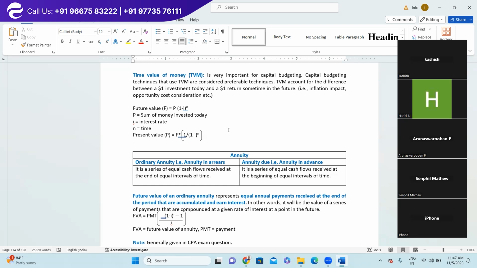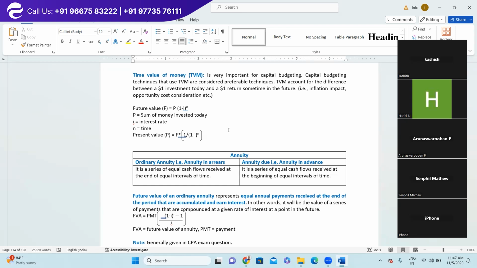So your purchasing power is reducing period over period. That is called time value of money. For the calculation of present value, you use the present value table and the present value annuity table. Make sense?